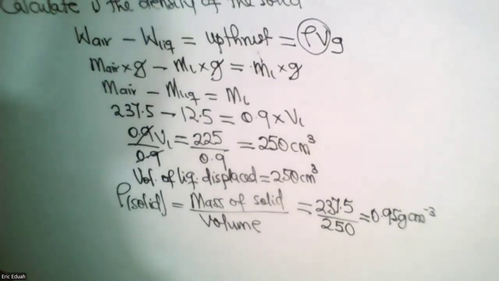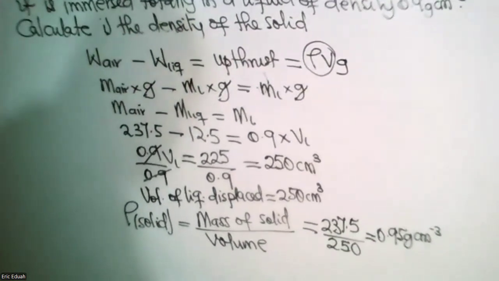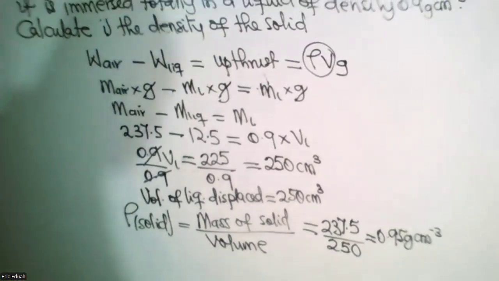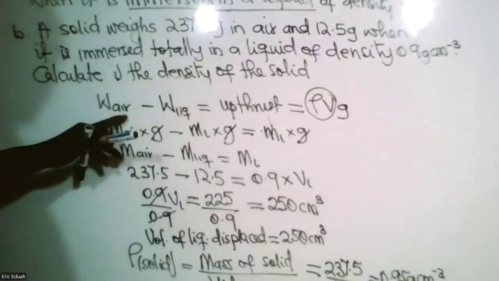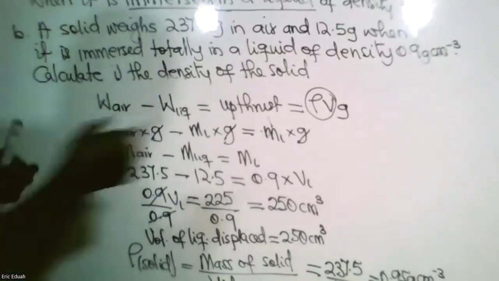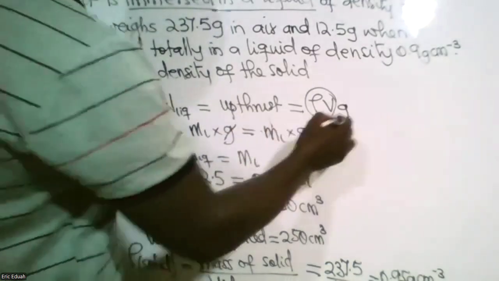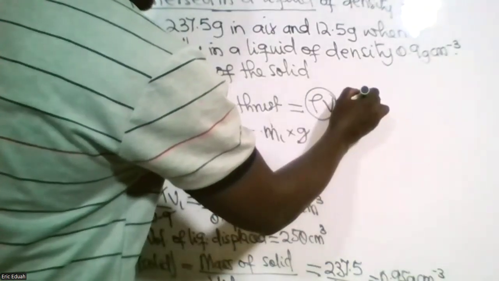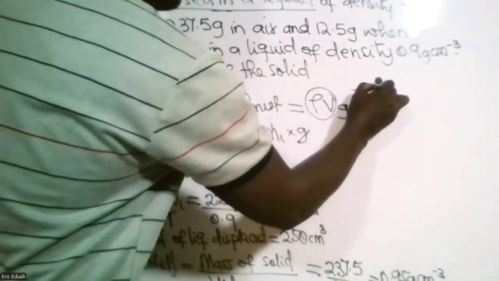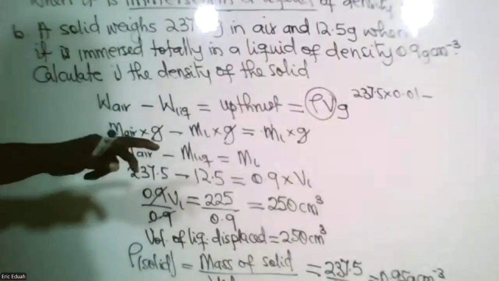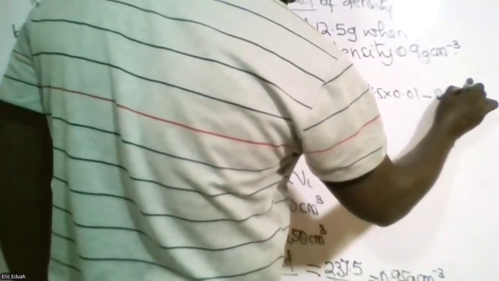Now, this same question, somebody can also decide to do it this way. Since it's about weight in air, weight in liquid, we can also express whatever we are given in terms of weight. 237.5 gram mass can be expressed in weight as 237.5 times 0.01 Newton minus 12.5 gram expressed in weight, 12.5 times 0.01.